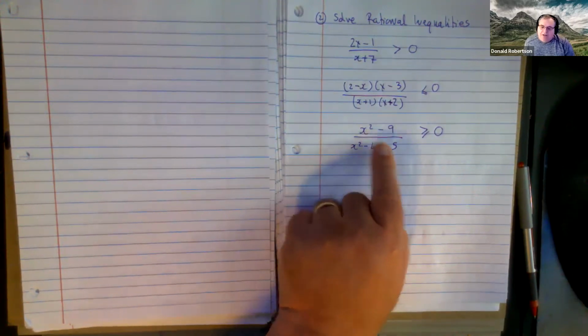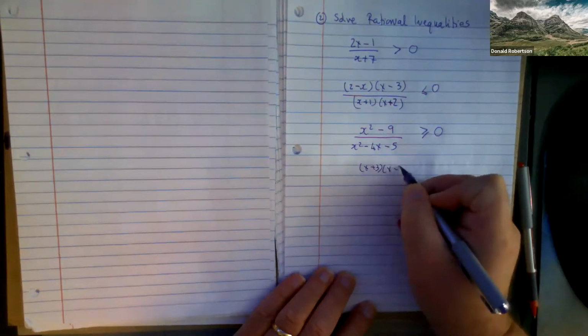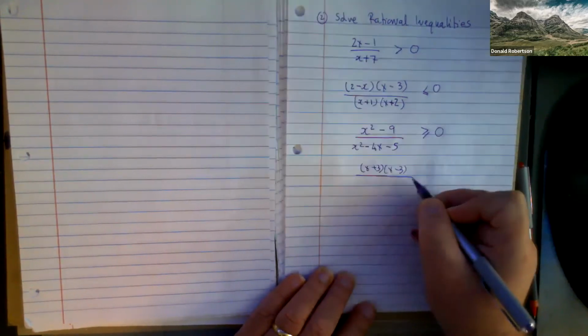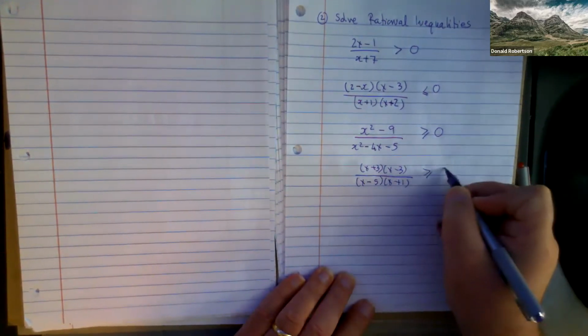This one would have the same kind of step one that you would use in polynomial inequalities. This one here would have to be changed into (x plus 3)(x minus 3) on top, and on the bottom, I think it's going to be what? (x minus 5)(x plus 1), greater than or equal to 0.